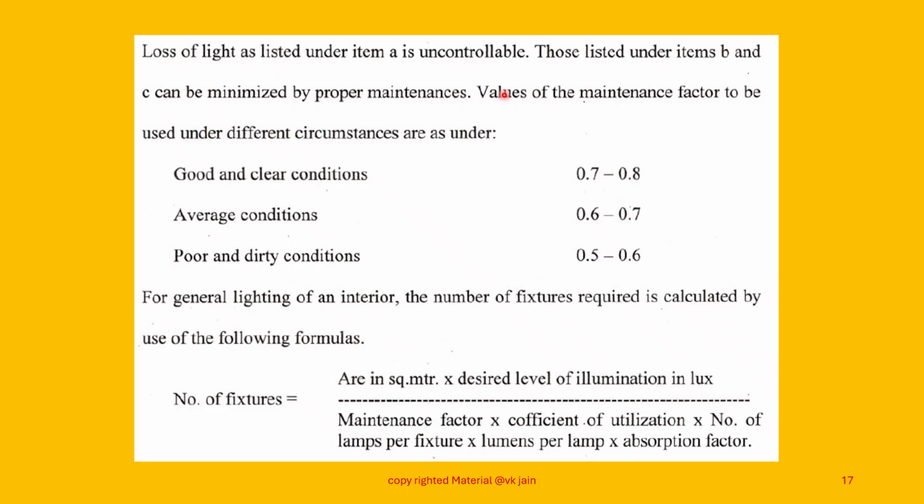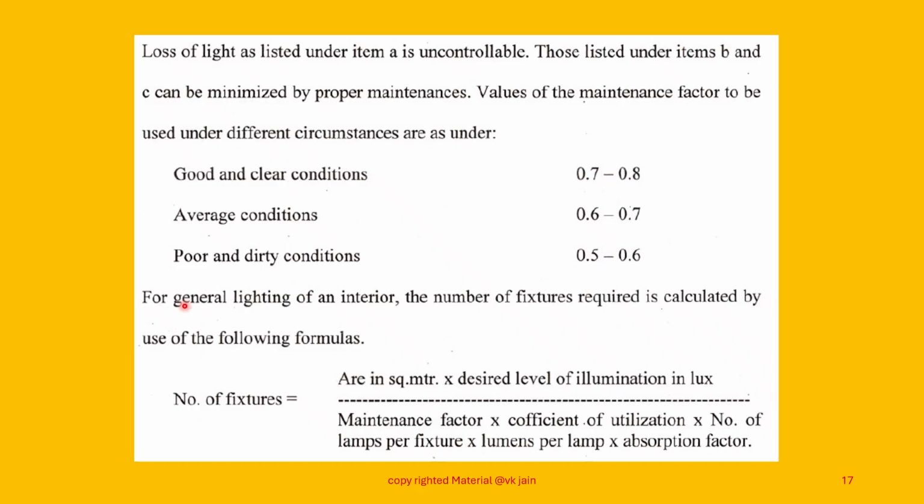Values of the maintenance factor to be used under different circumstances are good and clean condition 0.7 to 0.8, average condition 0.6 to 0.7, poor and dirty conditions 0.5 to 0.6.